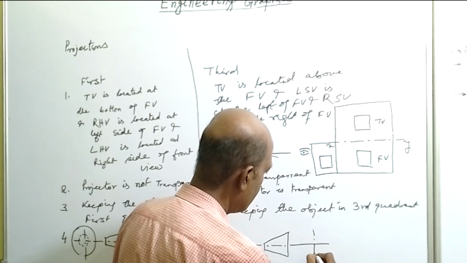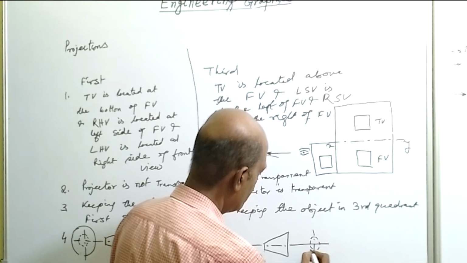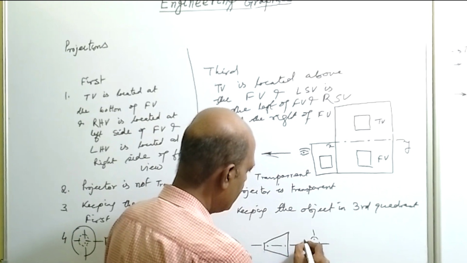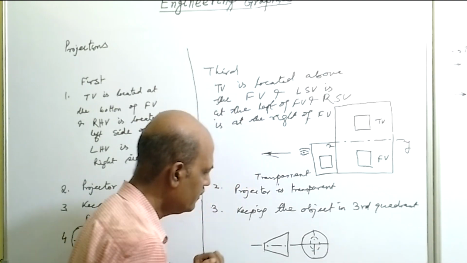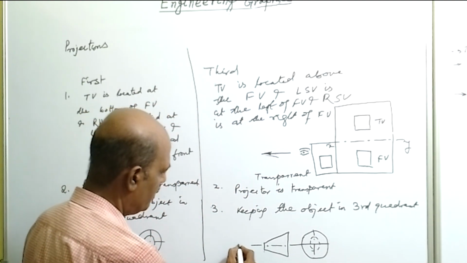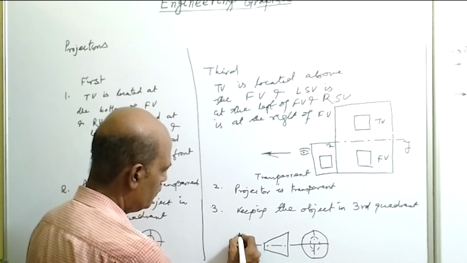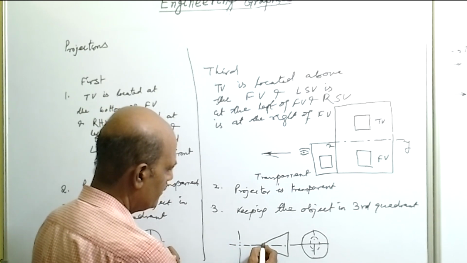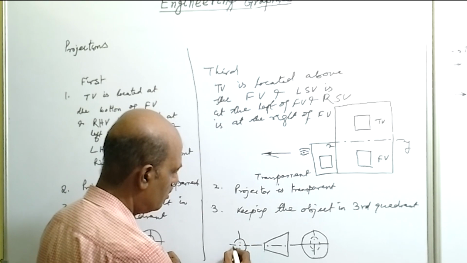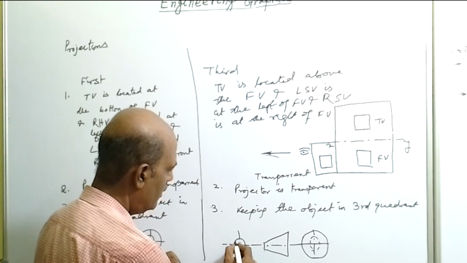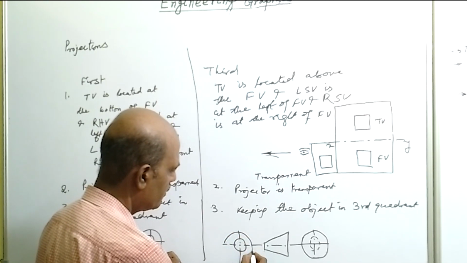So we draw the smaller circle by hidden lines by taking this diameter, and the larger circle by firm lines. If we want to show the left view, then both the smaller as well as the larger circle will be visible. So draw both circles with the help of firm lines.